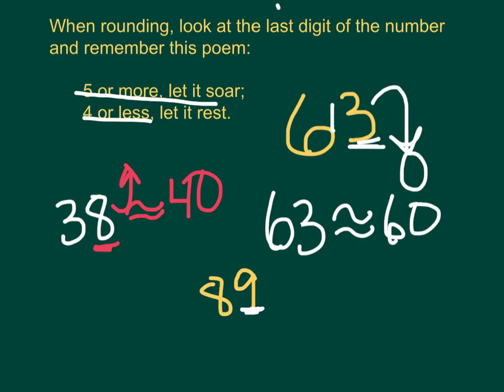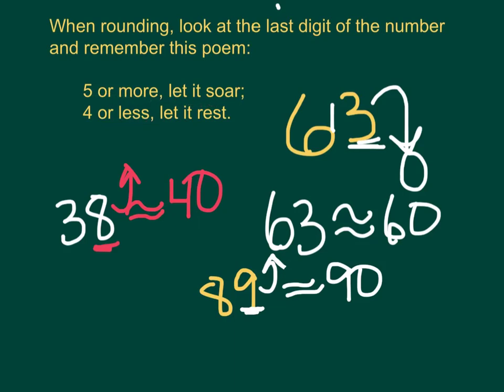We see that it's 5 or more, so it's going to soar up to the next multiple, which would be 90. So this is just a real quick way of remembering how to get the rounded numbers, and once we're comfortable with rounding, we can use those numbers to estimate our product, or addition, or anything else.